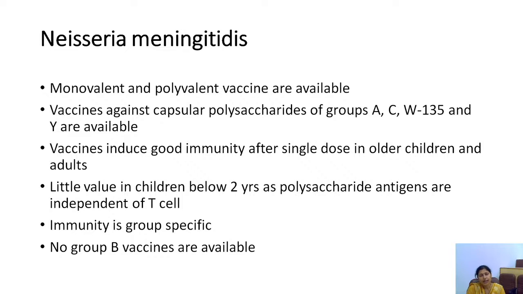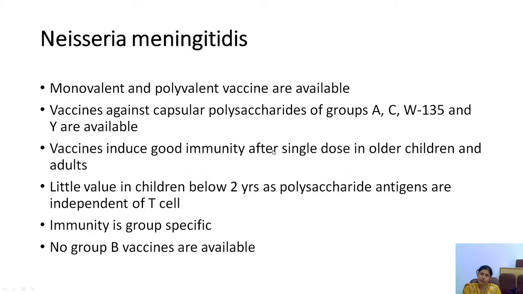Vaccines against the capsular polysaccharide of groups A, C, W135 and Y are available. These 4 groups are the important groups: A, C, W135 and Y. These are available against Neisseria meningitidis.